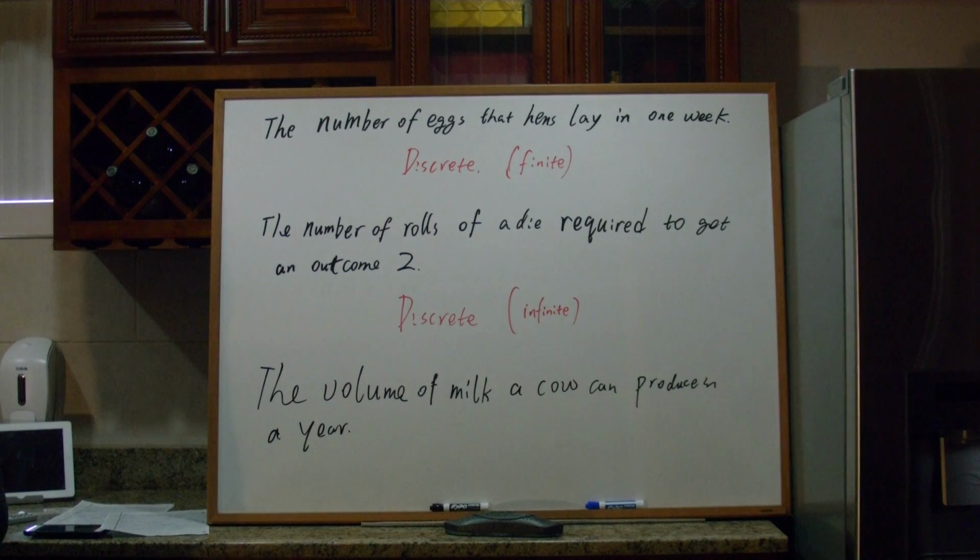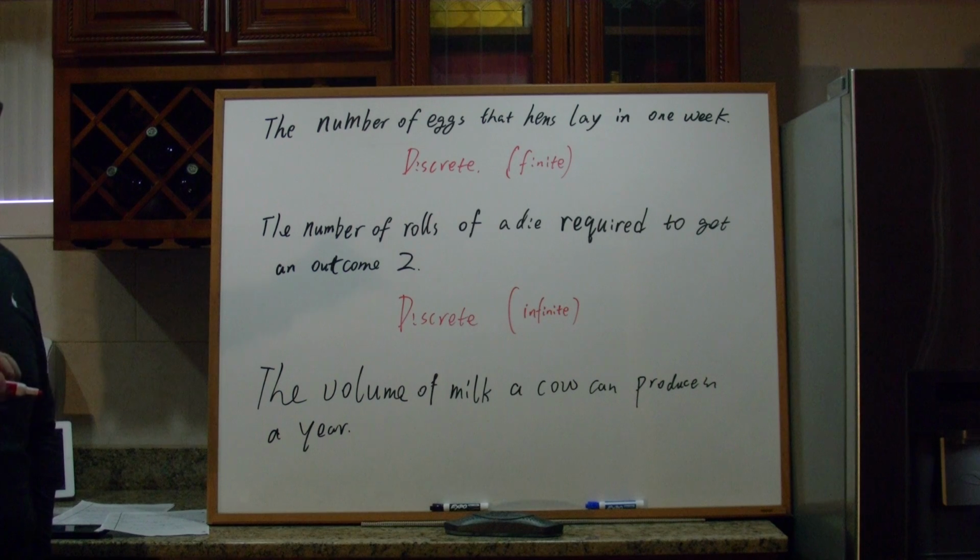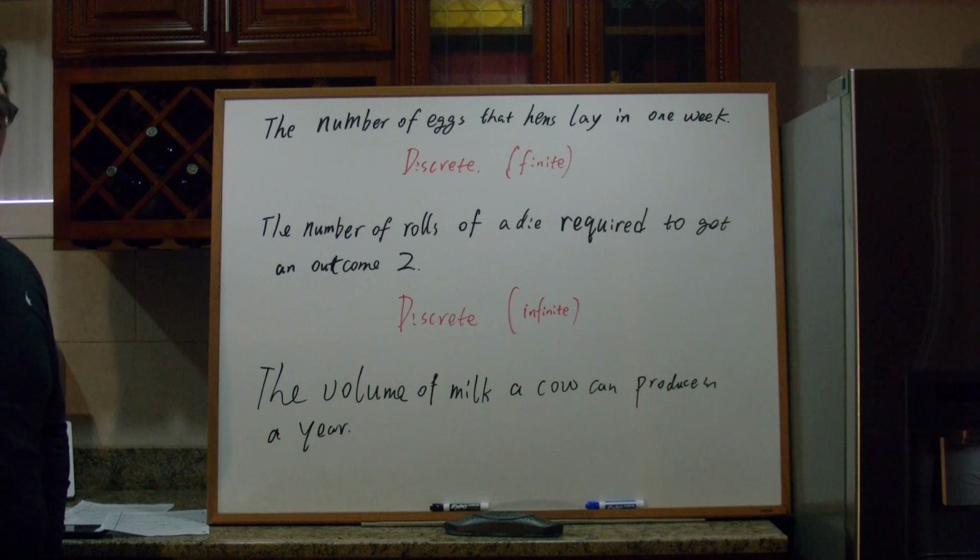Then the third one, the volume of milk a cow can produce may be between 0 to 7,000 gallons in a year, but the scale of volume itself we're not able to count. Even though we have a machine to measure it, the volume itself is a continuous scale.